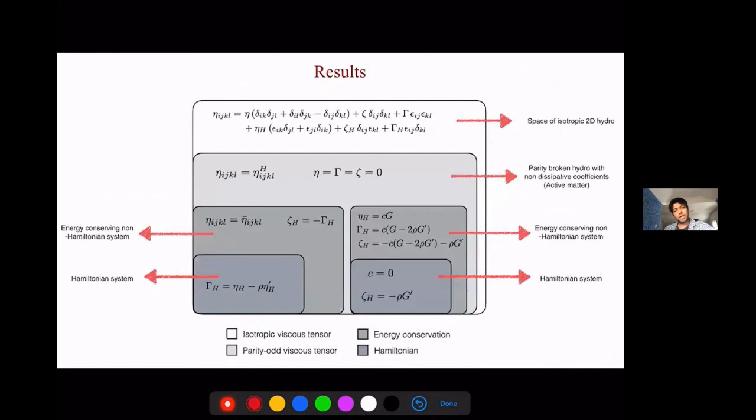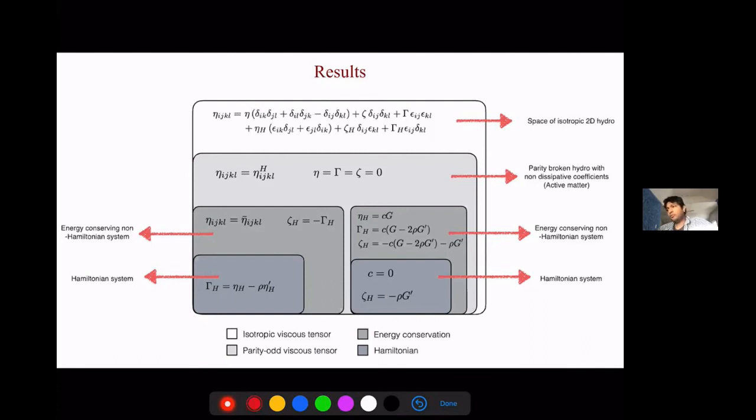Okay, so let me summarize the results in this schematic. I will go on and consider cases which are energy conserving but not Hamiltonian, and which we have seen in textbooks. But before that, let me summarize what we have seen.